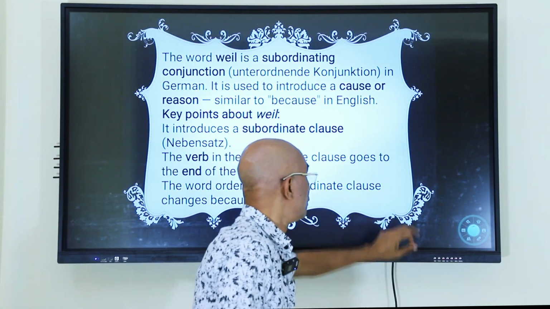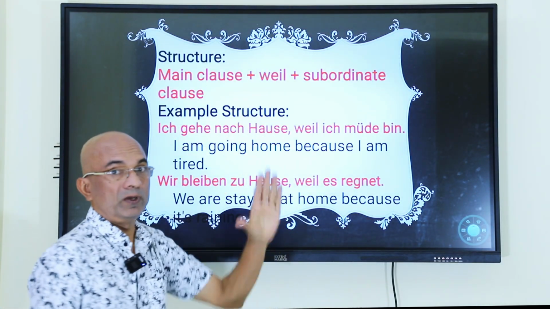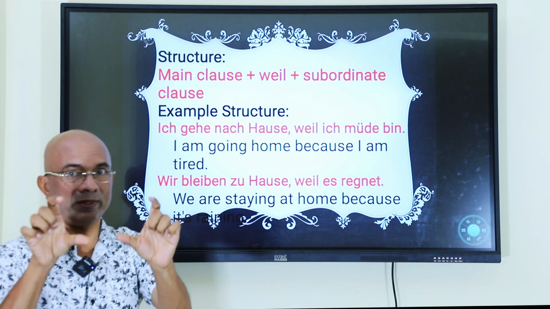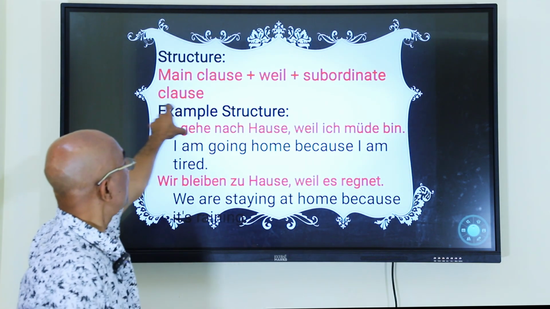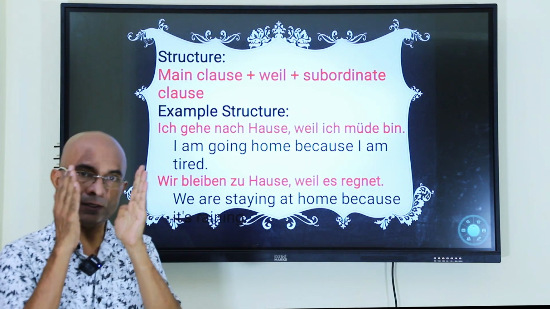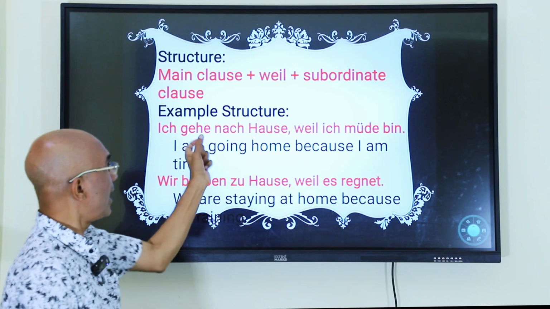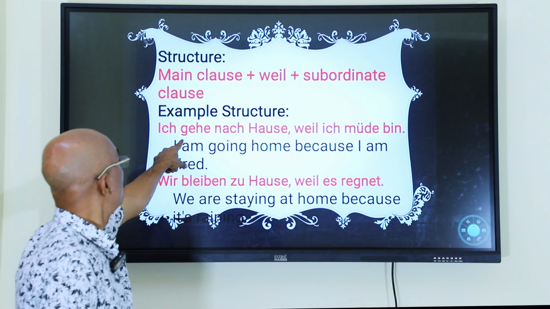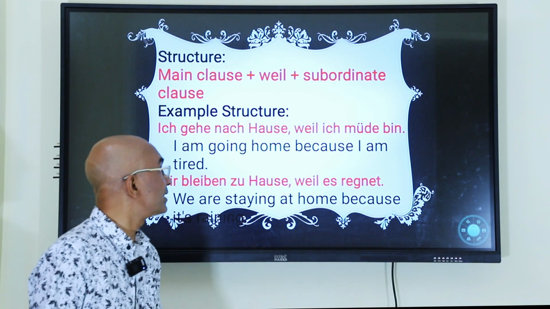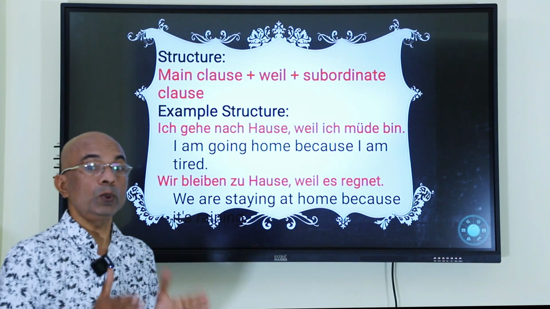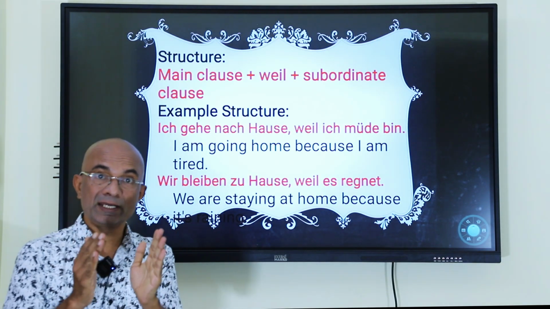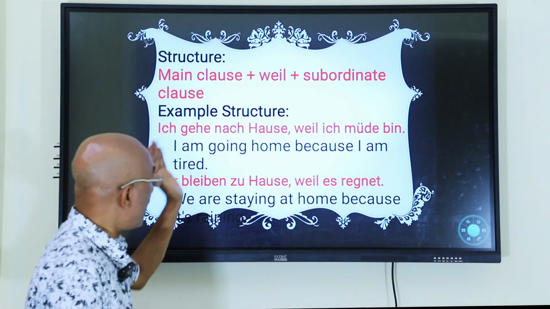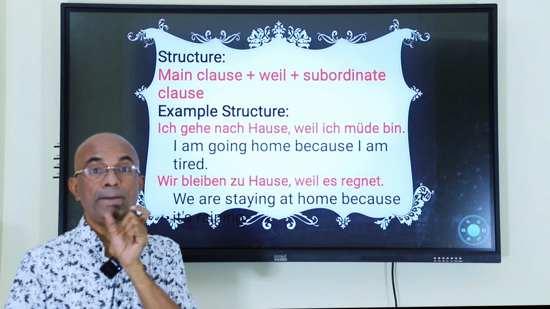When we look at the structure of "weil", there will be a main clause plus "weil" plus a subordinate clause. Example: Ich gehe nach Hause, weil ich müde bin.